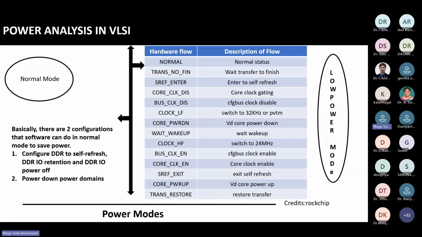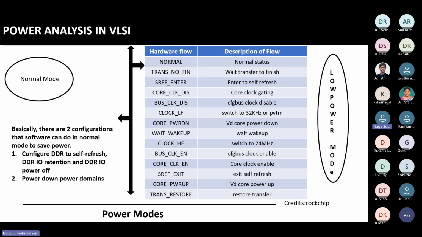Sometimes there is a requirement to power up the core, and sometimes we need to reduce the power to the core. Suppose I put my system in the sleep mode or in the hibernate mode, there is no refresh requirement, so you can exit from the self refresh.